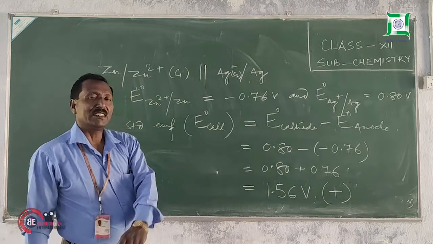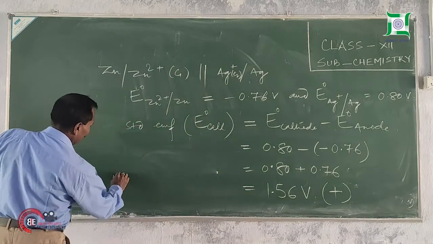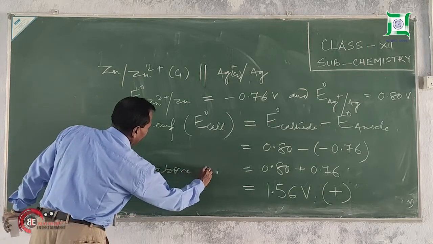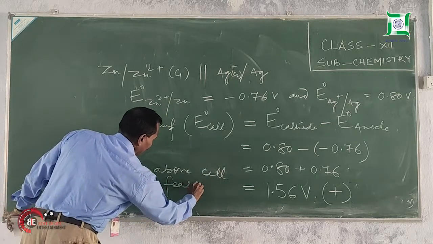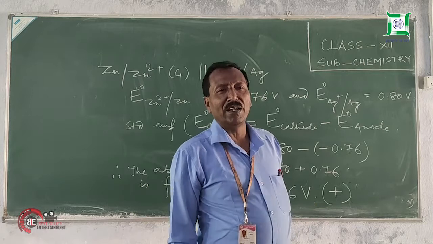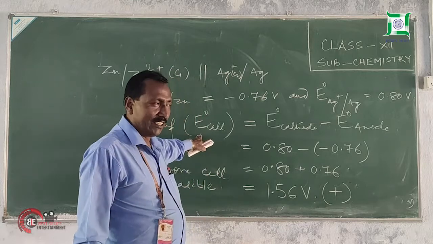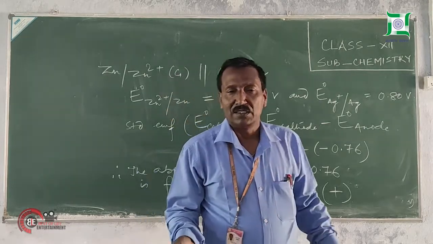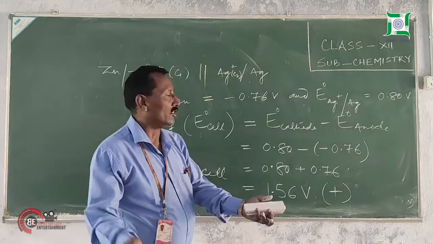That's why we can write the cell is feasible or the cell works. Therefore we can write the above cell is feasible. So there are various questions on feasibility of a galvanic cell. Very easily we can calculate a standard EMF for the given cell, and if it comes positive, the cell is feasible. If it comes to be negative, the cell is not feasible.